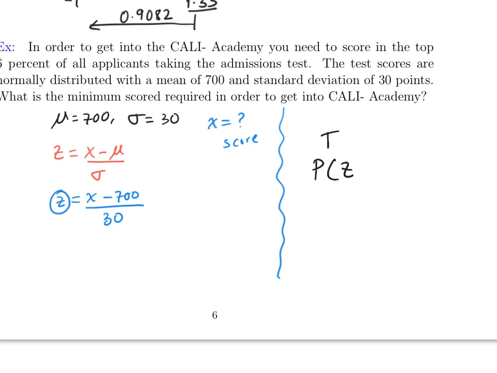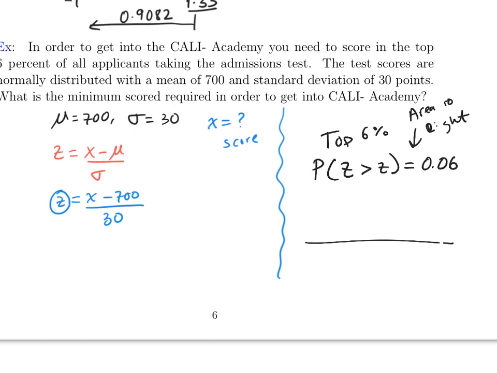So the top 6% in the normal version means this: there is some value of z, which before we used to call z alpha, it's the same thing, where the area should be 0.06, because it's the top 6%, right? Remember, this is the area to the right, and this table only works with the area to the left.